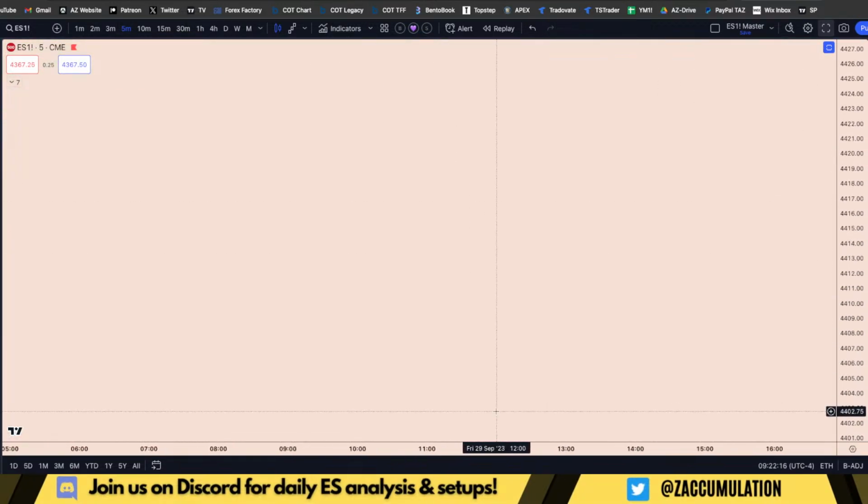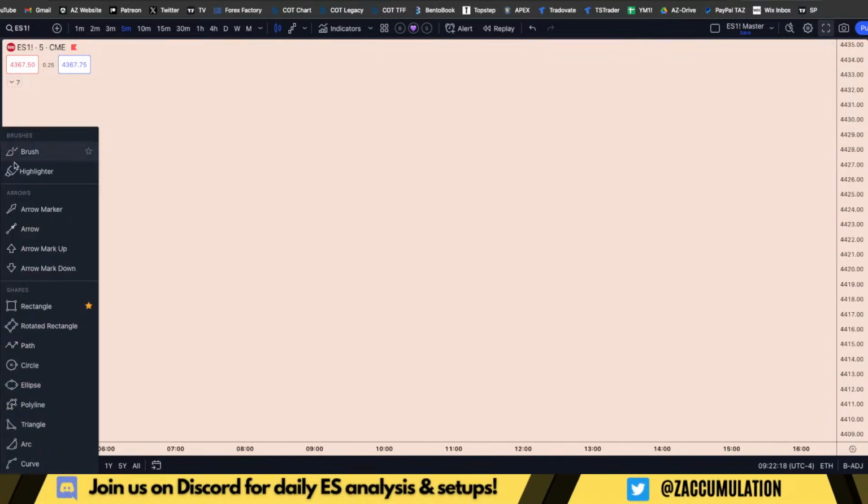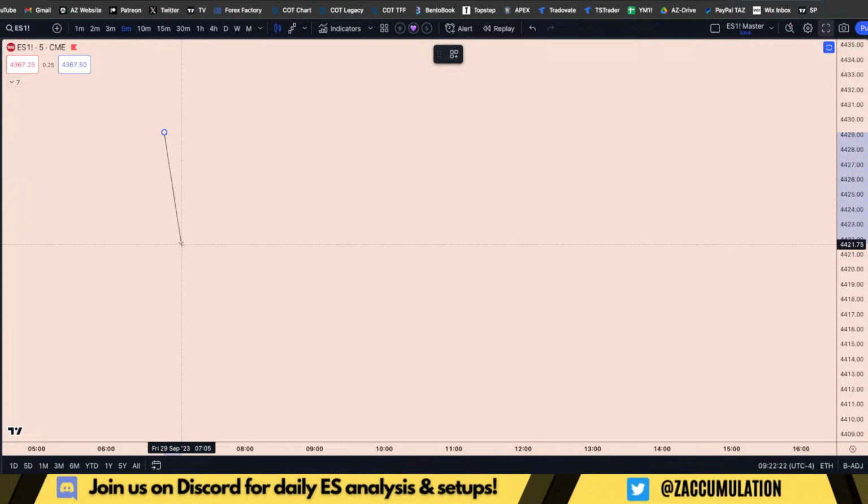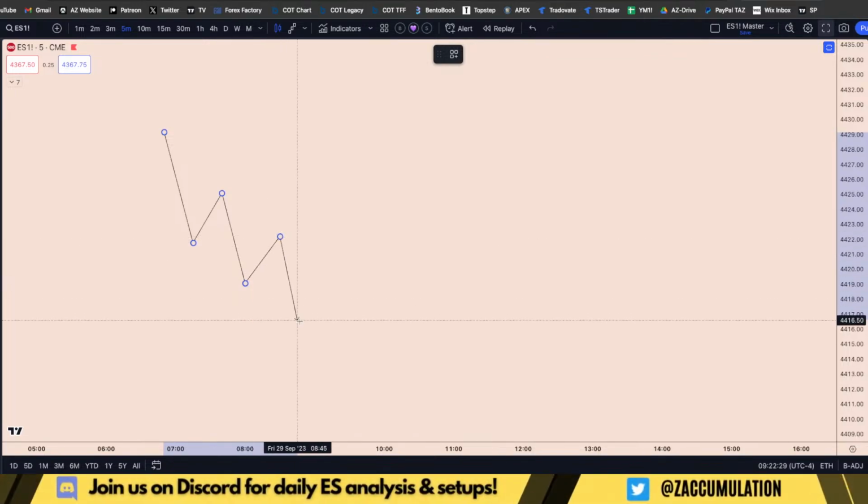I can also explain it just with lines and arrows. We're in a downtrend. We make a lower low, lower high, lower low, lower high, lower low. This could go on forever in a perfect world. What we want to see now is a market structure shift.